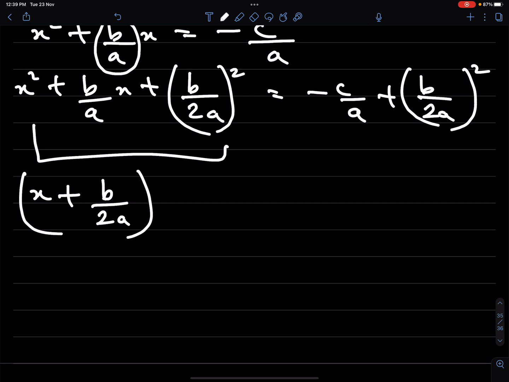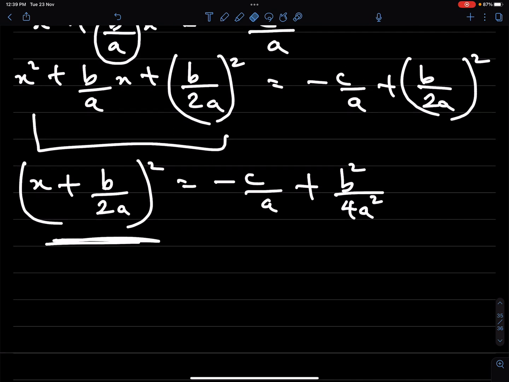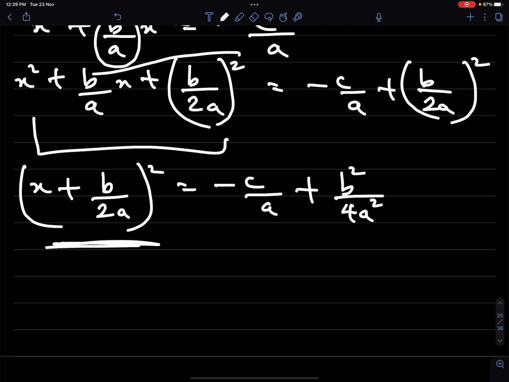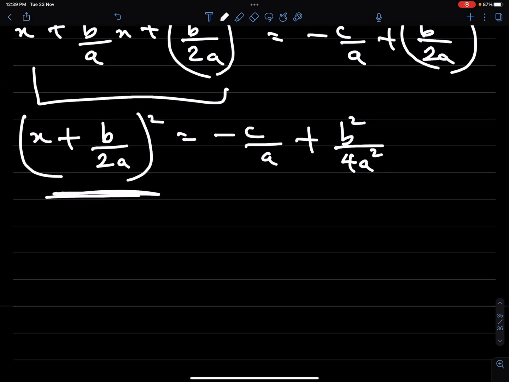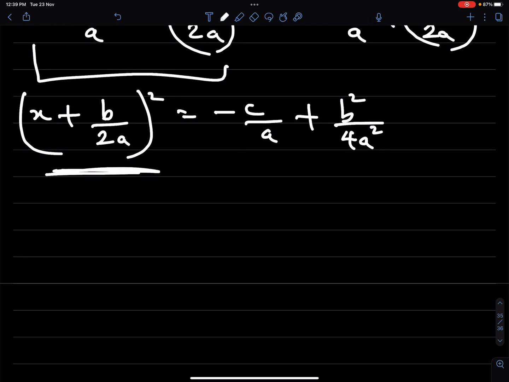The square of that is going to be the same as minus c over a plus b squared over 2a squared, which is b raised to power 2 over 4a raised to power 2. So this left hand side is the same as what is here. So that's what we do to write the left hand side as a square.